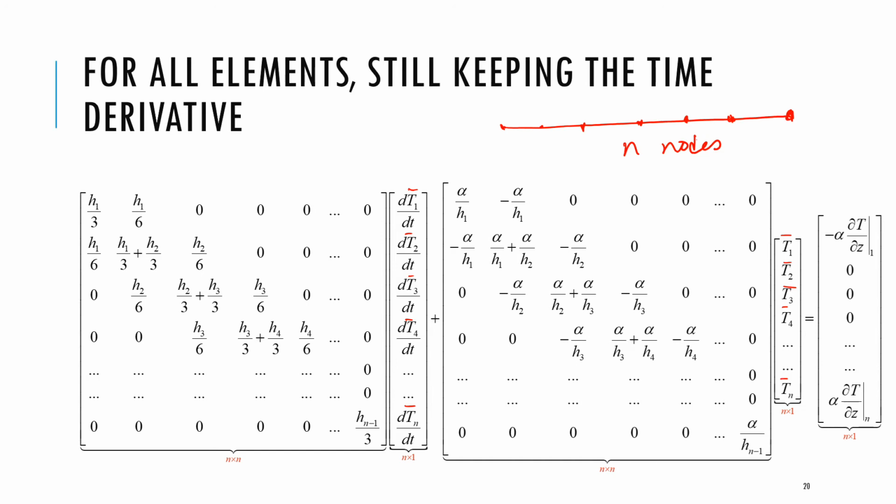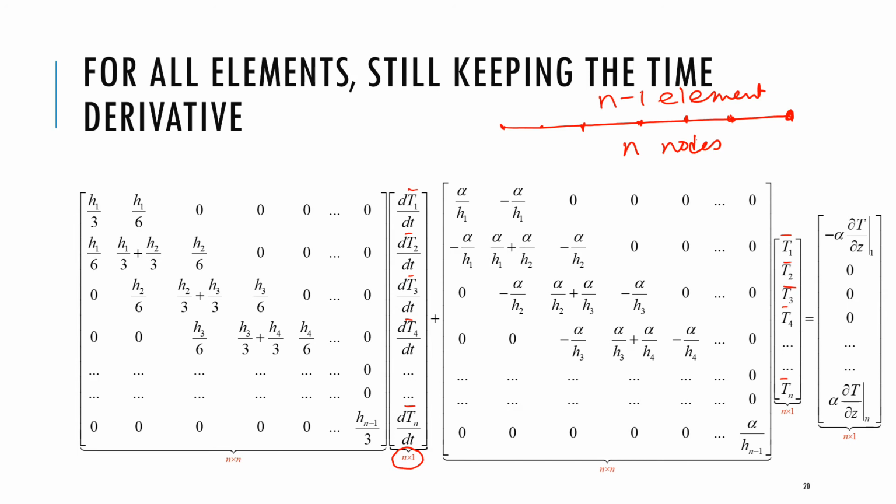So we have n unknowns, and so the number of elements would be n minus 1 elements. So if we divide the domain into n nodes, we get n minus 1 elements, and so we have this matrix that is n by 1.